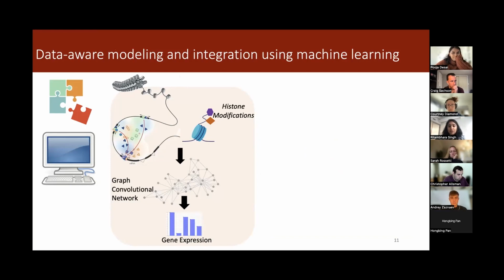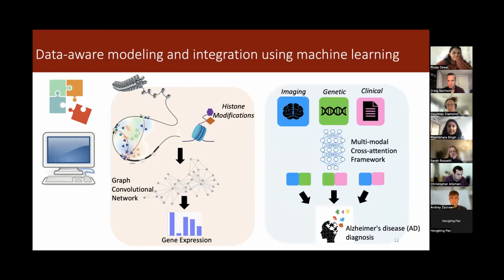And then I'm going to shift gear to the biomedical side and talk about a project where we are integrating 3 different data sets to predict Alzheimer's disease diagnosis using a multi-modal cross-attention framework. So here for the data fusion, we are explicitly modeling the interactions between each modality instead of simply concatenating them.